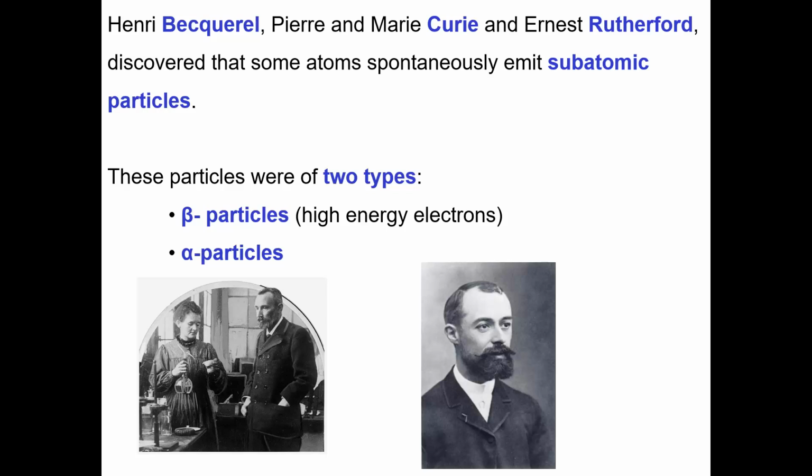And there were two types of particles that they had detected. There were beta particles and there were alpha particles. Alpha particles were discovered first, beta particles were discovered second. And it became obvious quite quickly that beta particles were just simply high energy electrons. Alpha particles, though, were a bit more of a mystery.